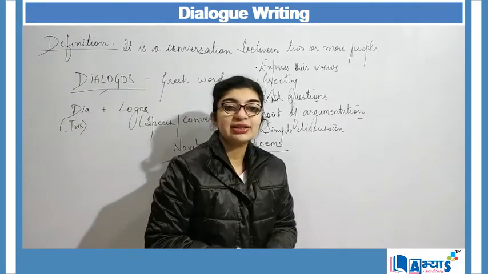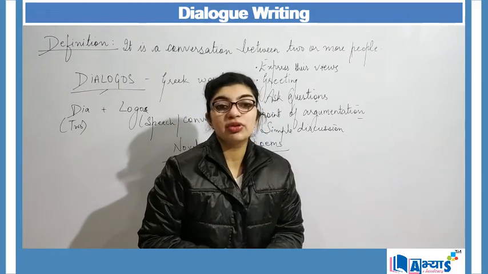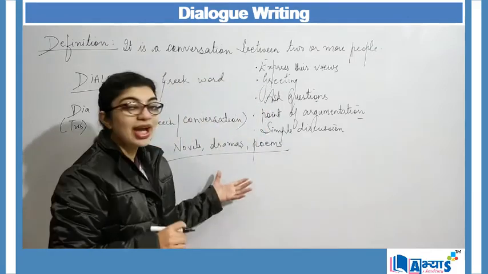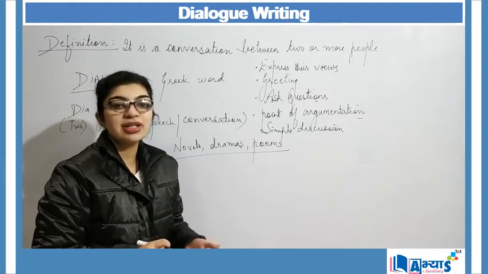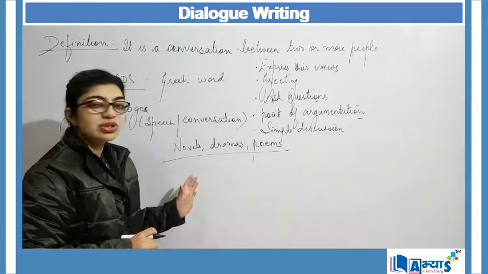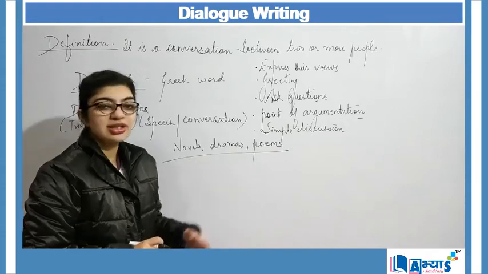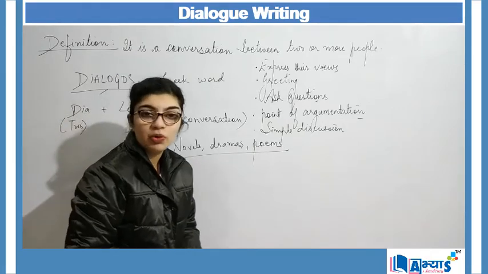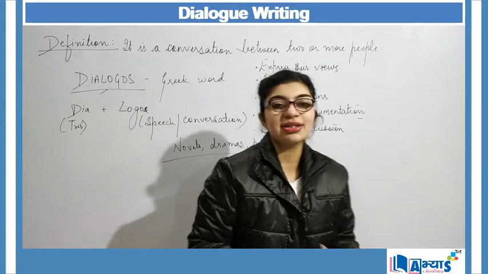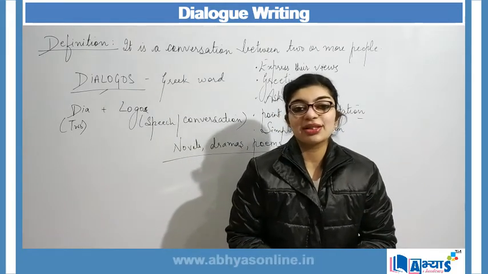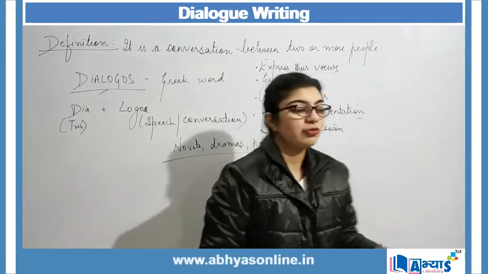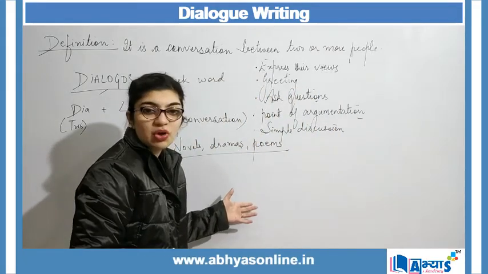So that we can make it look more real, right? Some kind of reality takes place, and it helps us to express more. So we use dialogue writing in novels, dramas and poems in order to make it more real and to enhance the look of my drama, or to enhance the meaning of my poem. So for that reason, I make use of dialogue writing.